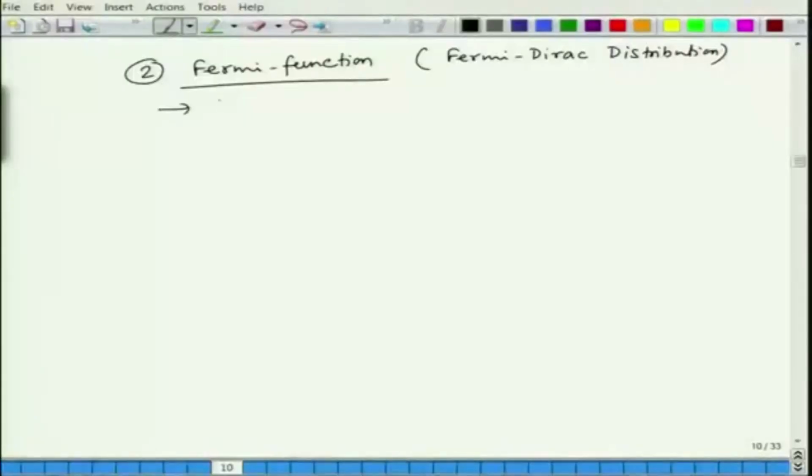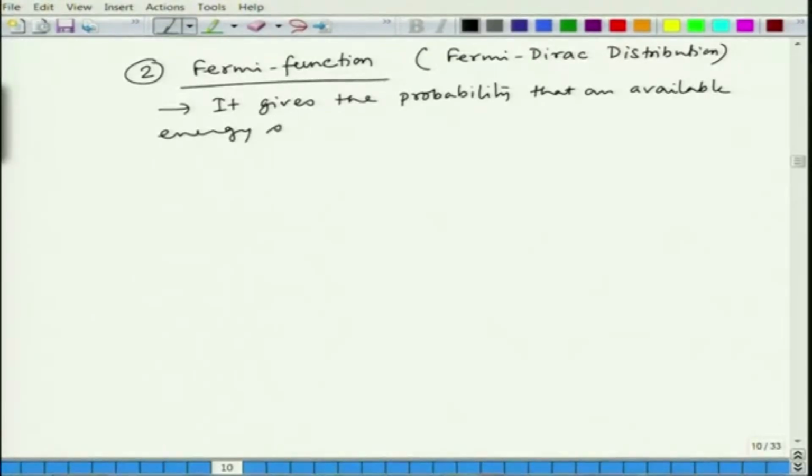So, what does it give? It gives us the probability that an available energy state at an energy level E. So, for a particular energy level E, you can have multiple energy states, which is given by the density of state, right.